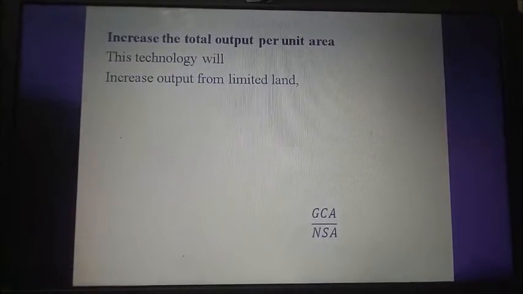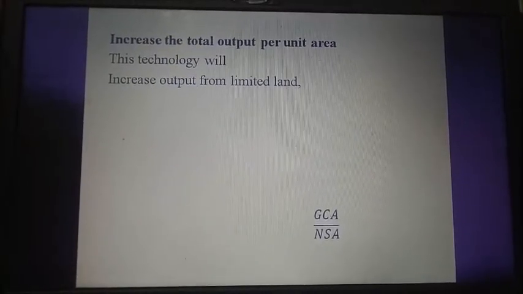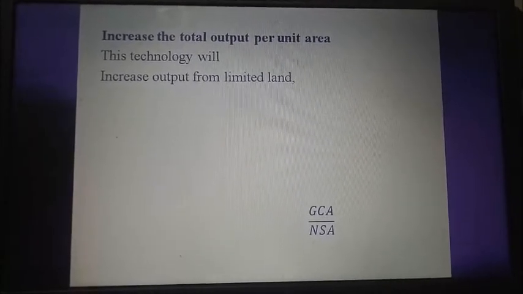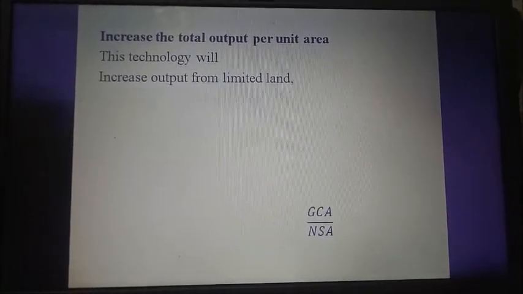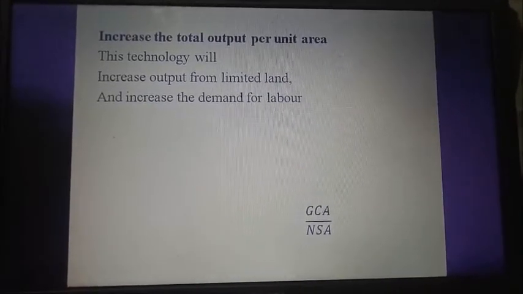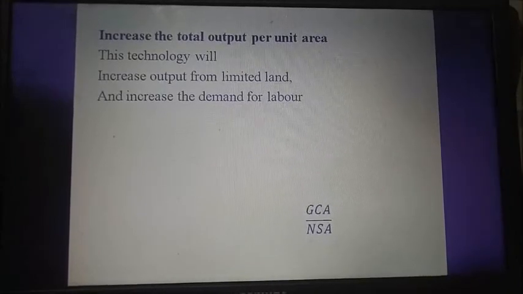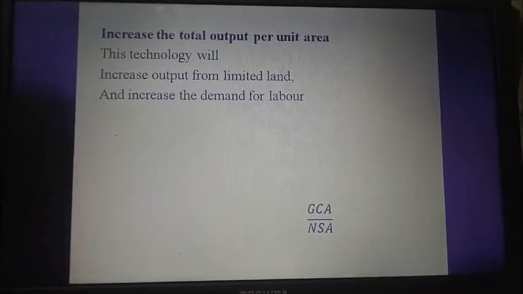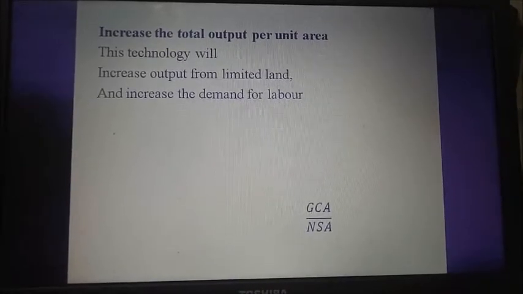It will increase the output from the limited land. The land is limited, but the production of the crops will increase. Moreover, it will increase the demand for labor too.